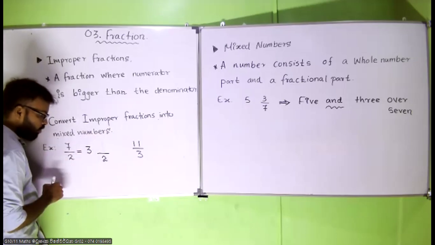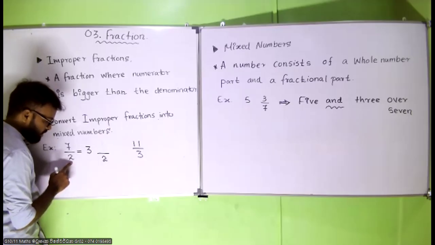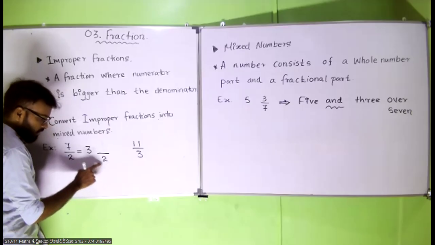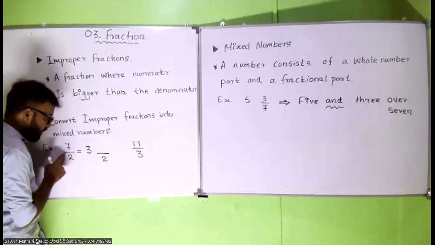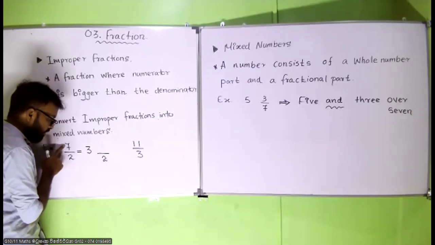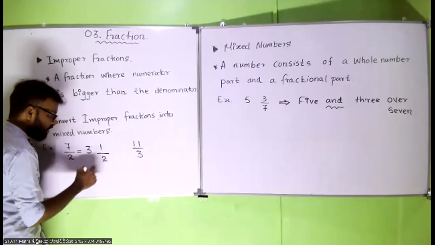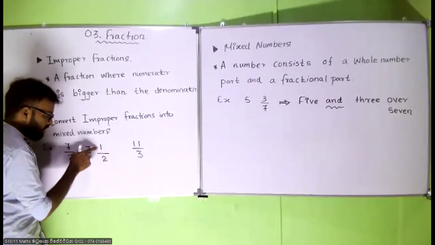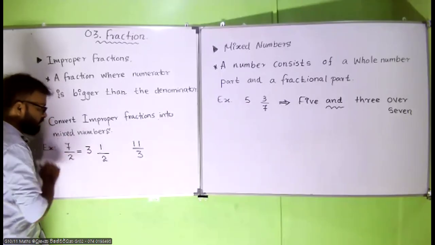The denominator you know already, it is 2. That won't change. The numerator will change. The way you are going to fill the whole number part is 7 divided by 2. That means how many 2s are there for 7? 3. 2 times 3, 6. 6 plus 1, this is the rest. 2 times 3, 6 plus 1, 7. Done.